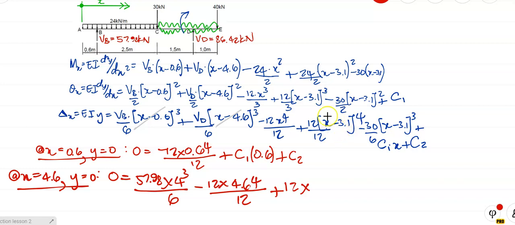It will be 1.5, so 1.5 to the power 4 over 12. Did I get it right?